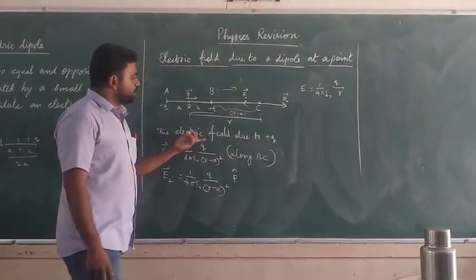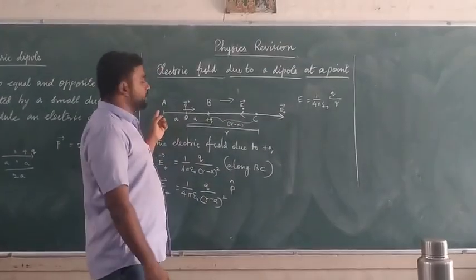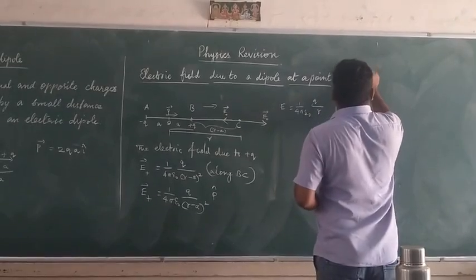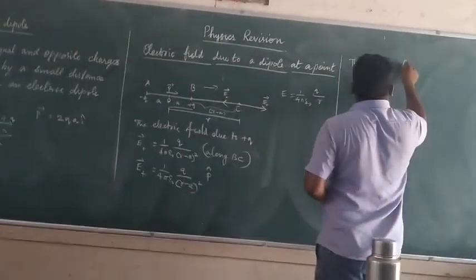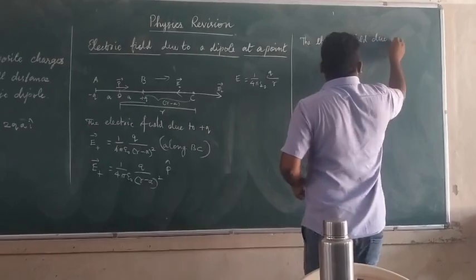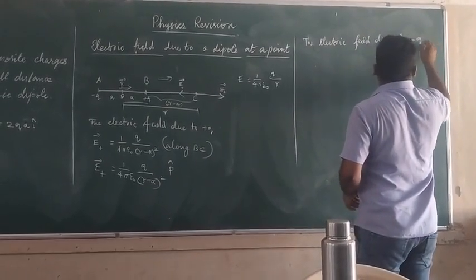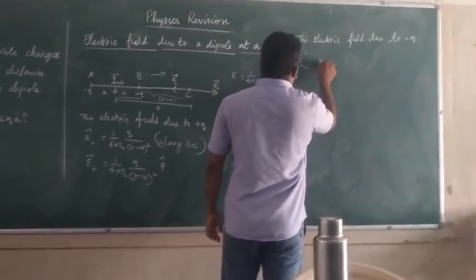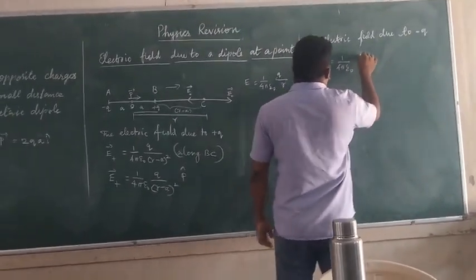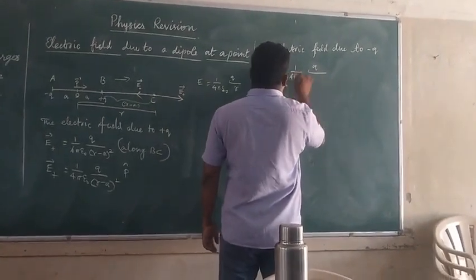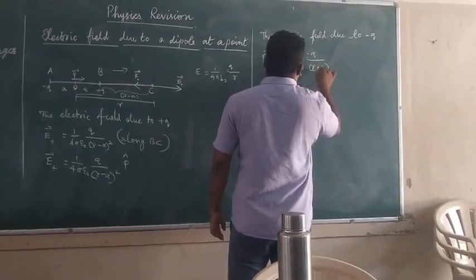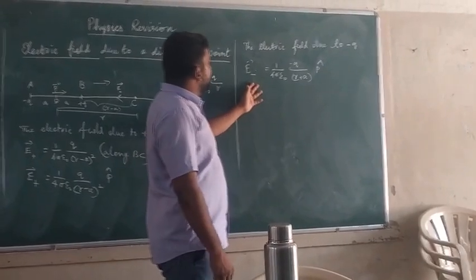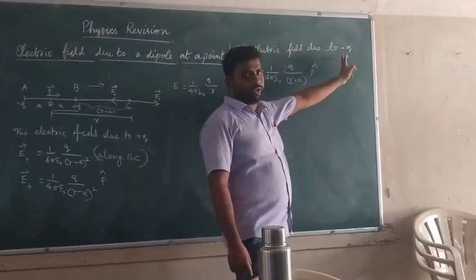Now let us calculate the electric field due to the negative charge, which is placed at the point A. So let's write the electric field at the point C due to the negative charge.